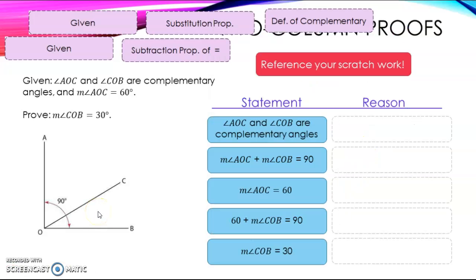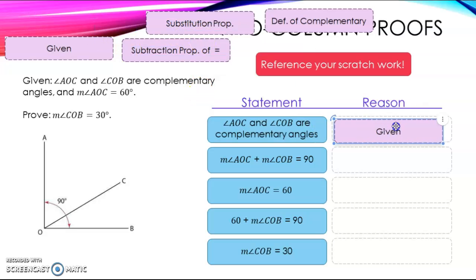So let's try to put this into a proof now. As I gave in the tips, you want to always start with what's given and end with what you're trying to prove. So the two statements at the top here, we have AOC and COB are complementary angles. The reason that's true is because they gave that to us. So that's a nice gimme one that you can usually put in there.